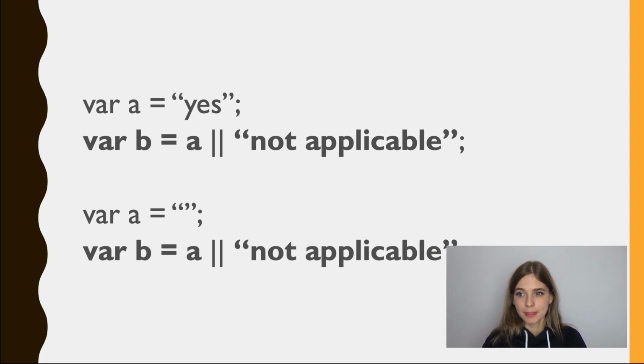Variable A has been assigned the value yes, and then variable B will either take the value of A, so yes, or the second value that I put manually, not applicable. So what should happen here?